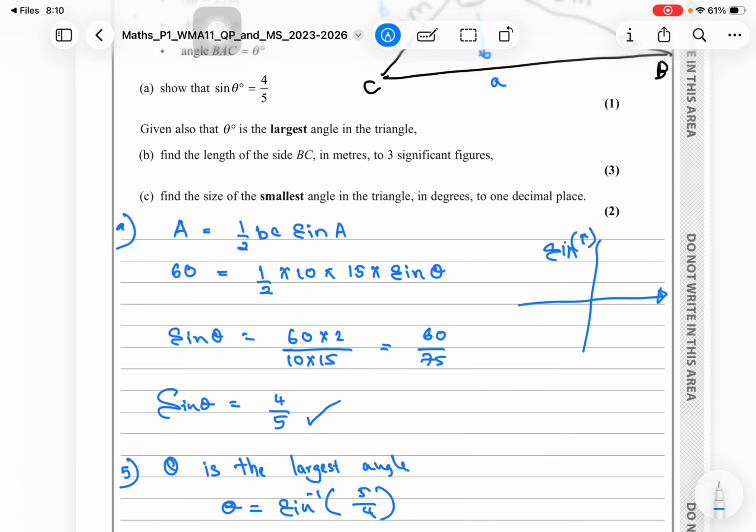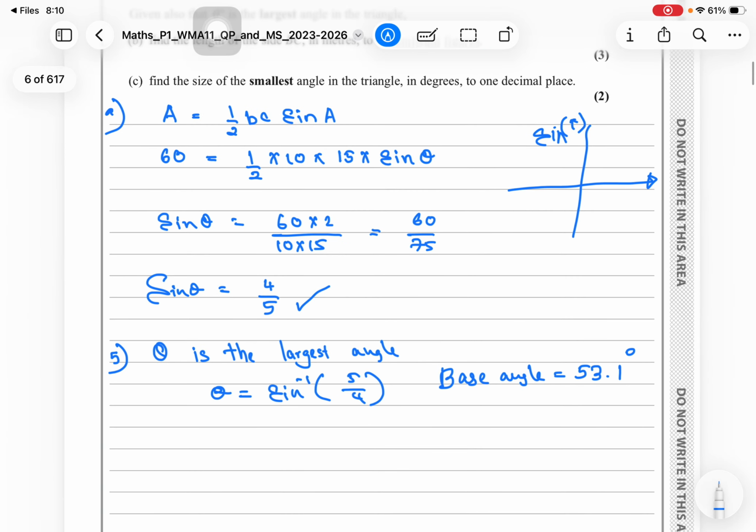When you take the sine inverse of 4 over 5, the base angle is 53.1 degrees. But since it's the largest angle, we have to get the obtuse angle, because one has to be obtuse. So theta will be 180 minus 53.1.